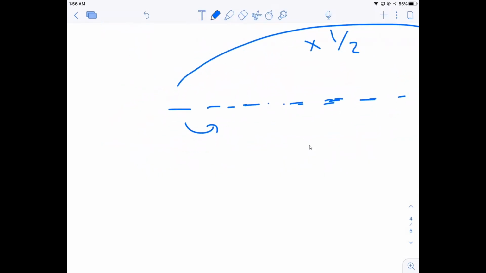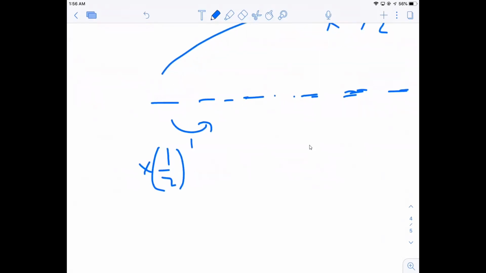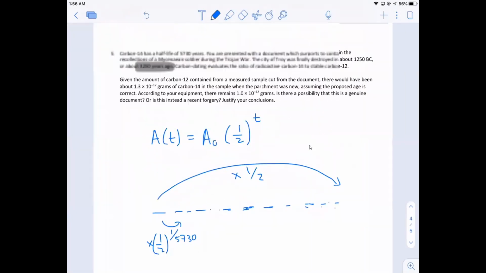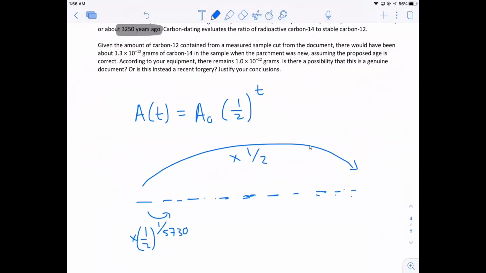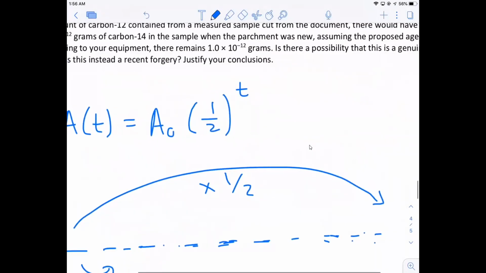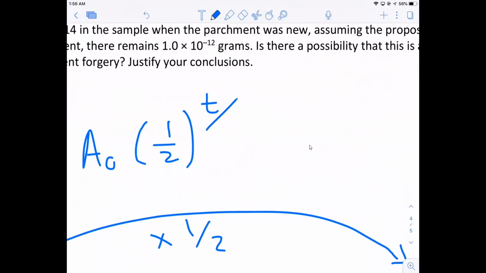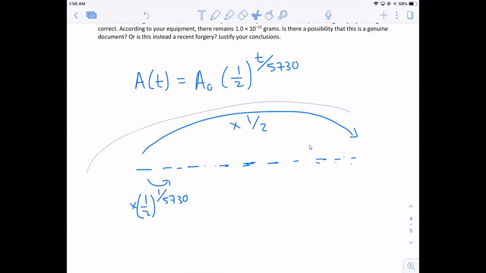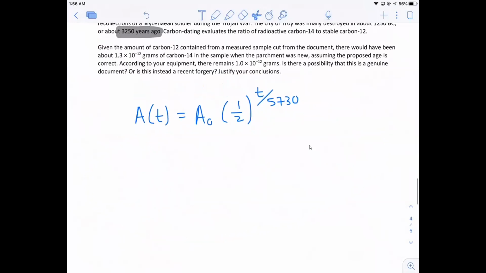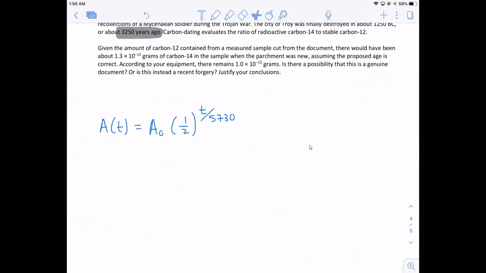Well, we're really multiplying by a half to the 1/5,730th power, which was how long it takes for it to get multiplied by half overall. So I can just make this exponent t/5,730.